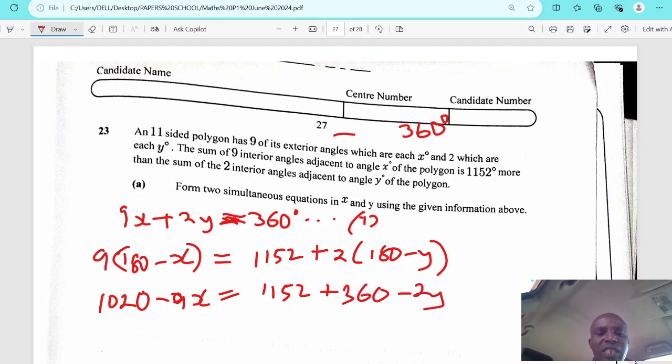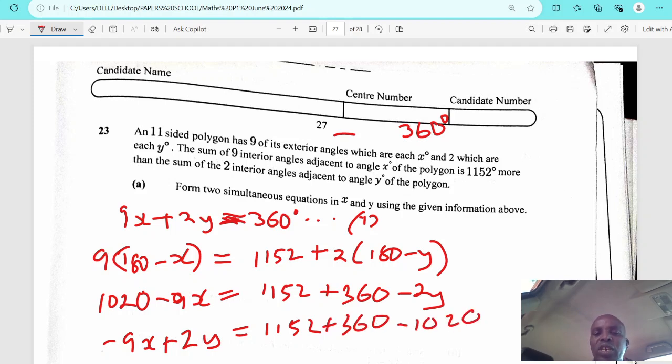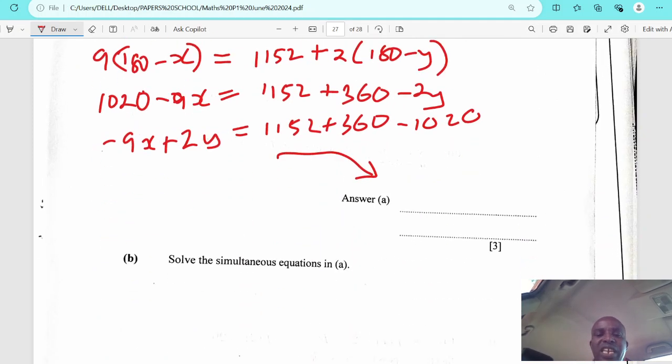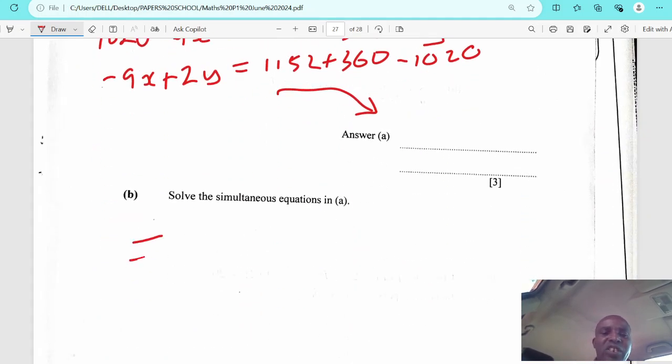Then collect like terms: minus 9x plus 2y is equal to 1152 plus 360 minus 1620. Then you can form another simultaneous equation and put them here. Done. Then you solve these simultaneous equations.